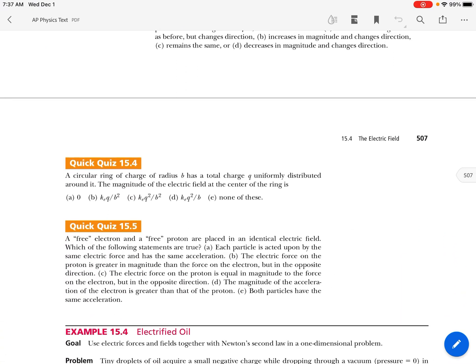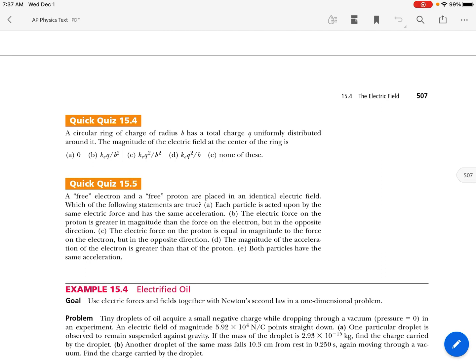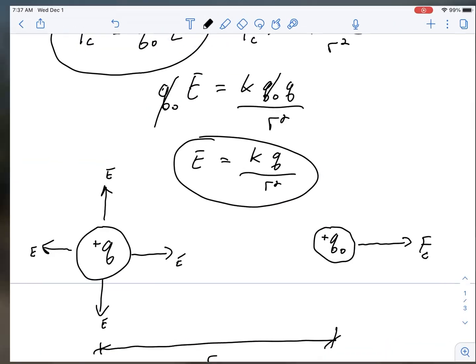Okay, Quick Quiz 15.4. A circular ring of charge has a radius b and a total charge q uniformly distributed around it. The magnitude of the electric field at the center of the ring is, well, it's going to be 0, and I'll show you. It's a symmetry thing. If I have a ring of charge, uniformly distributed, I've got some amount of charge there and the same amount of charge there, and there's the center of my circle.